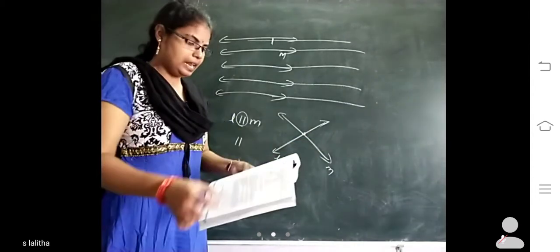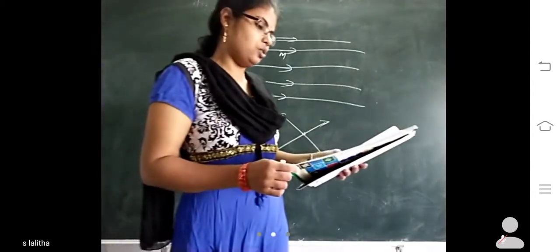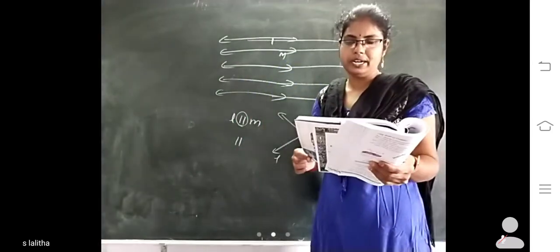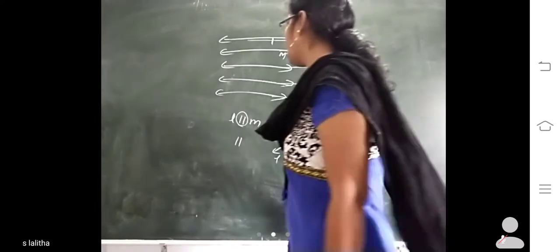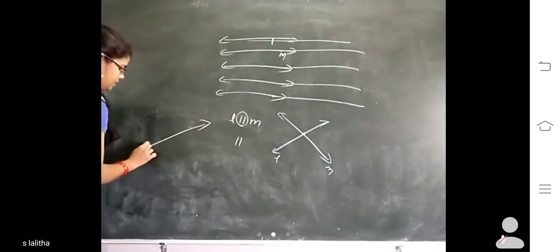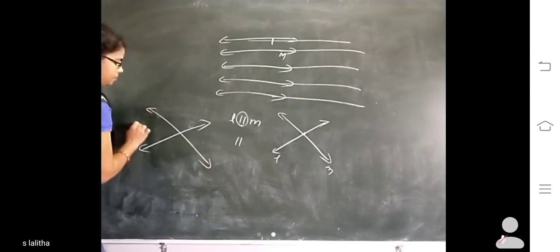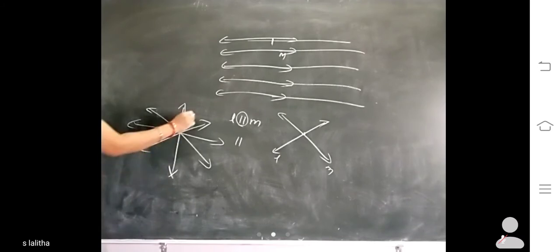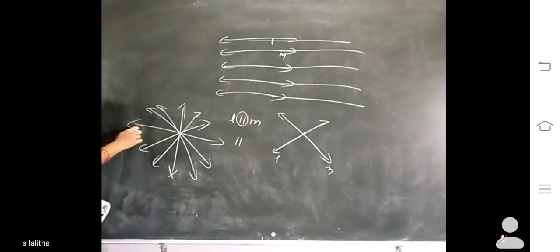Next, concurrent lines. Concurrent lines means three or more lines passing through the same point. See here, a number of lines are drawn and these lines are passing through one point only.